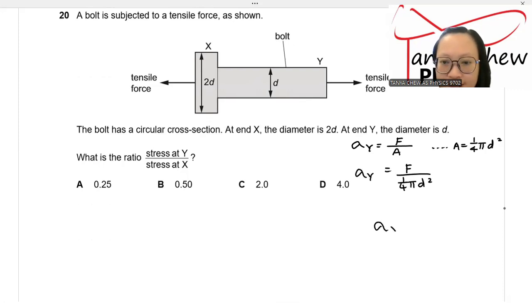This is the stress at X, F over A. The diameter at X is 2d, so A is 1 over 4 pi 2d squared. So I have F over 1 over 4 pi 4d squared.